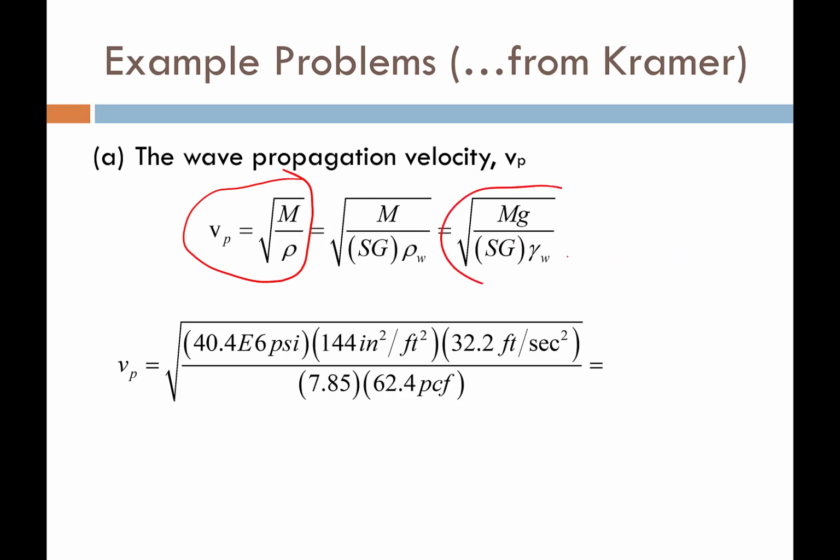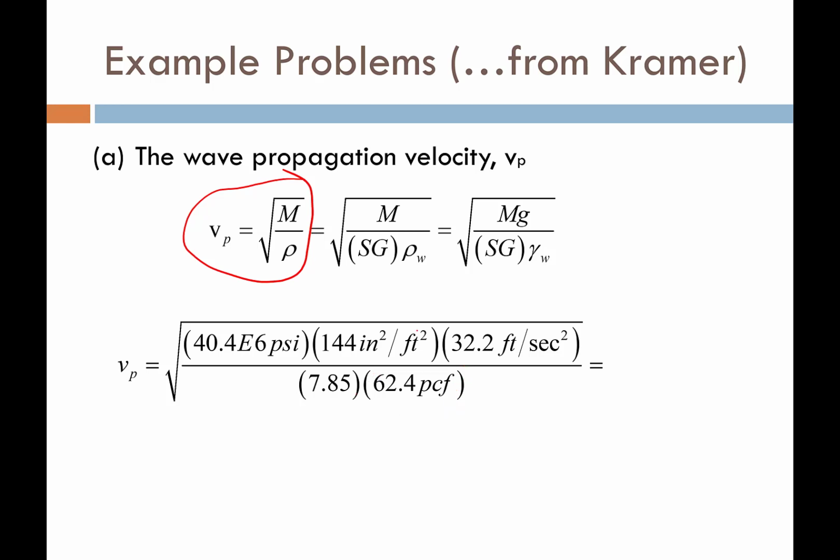So now with this equation, there's everything in there I know. I know gravity, it's equal to 32.2 feet per second squared. I know the specific gravity of the material, it was given, it's equal to 7.85. I know the unit weight of water, it's equal to 62.4 pounds per cubic foot.